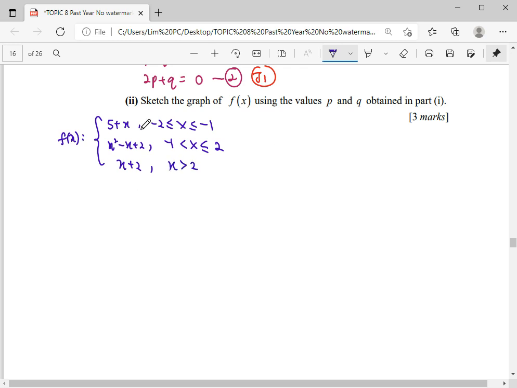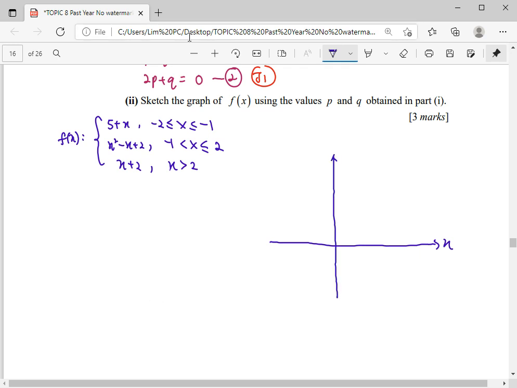So we have three graphs to draw here: linear graph, quadratic graph, linear graph. So we have three parts, and we are drawing our piecewise function part by part. So sketch out our x-axis and then our y-axis here.